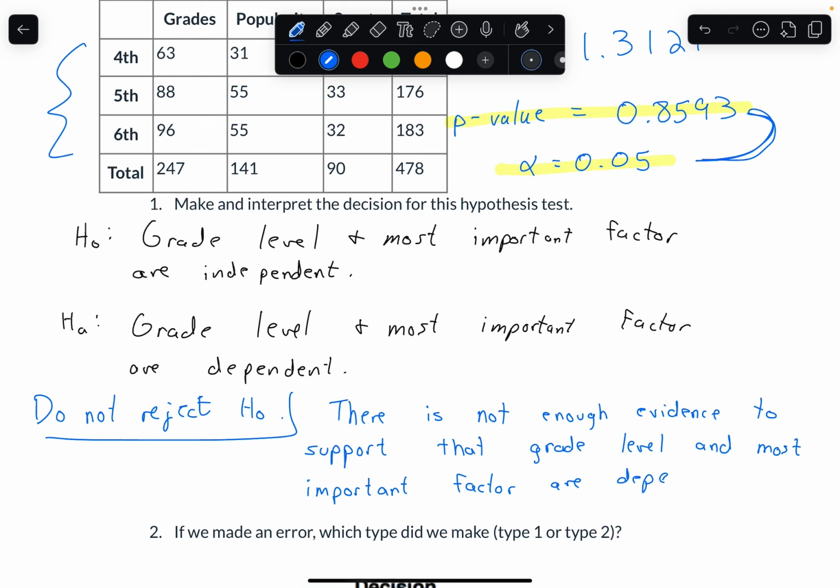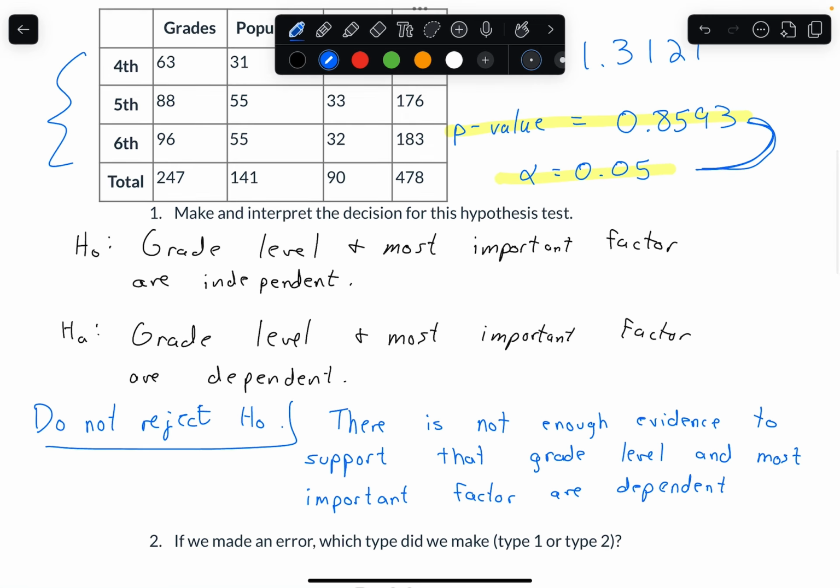And again, there are a lot of different ways you could phrase this. You could talk about them being associated if you wanted to use that language. There's certainly more than one way you could phrase this.